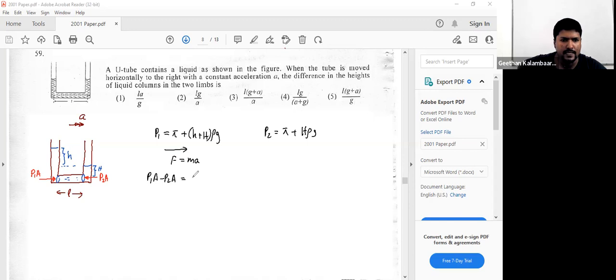How do you get the mass? By finding the volume, that is AL into rho into A. So here you can see A's are getting cancelled on both sides, P1 minus P2. So when you deduct P1 minus P2 from P1, what you get is simple H rho T equals L rho A. So rho is also getting cancelled here.